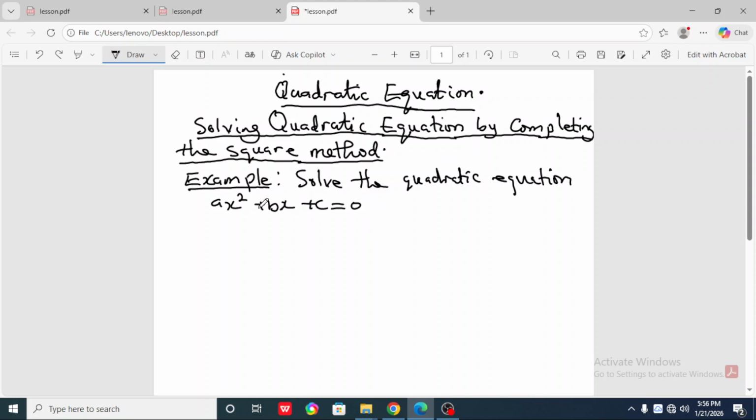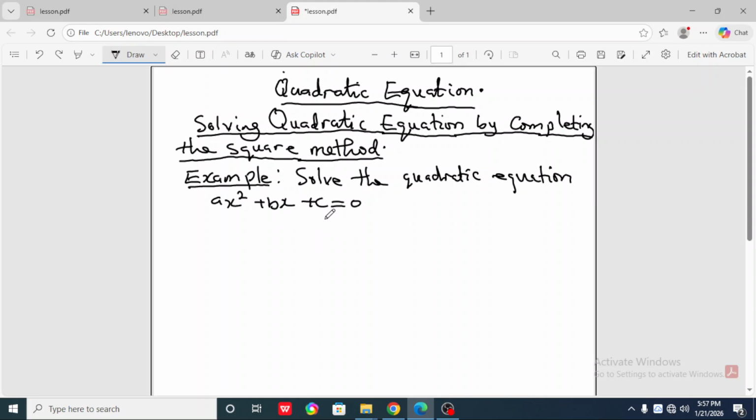As you can see, this is a general quadratic equation, and it will interest you to know that when we solve this, our well-known almighty formula will be the result that we are going to get after solving this using completing the square method. So let's start and see how we approach this.